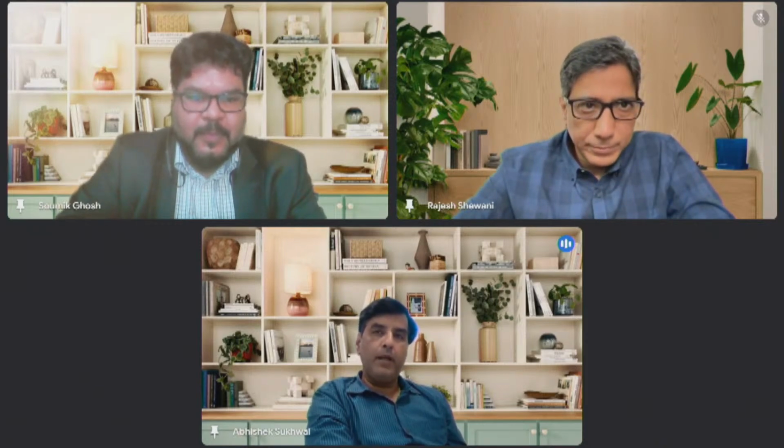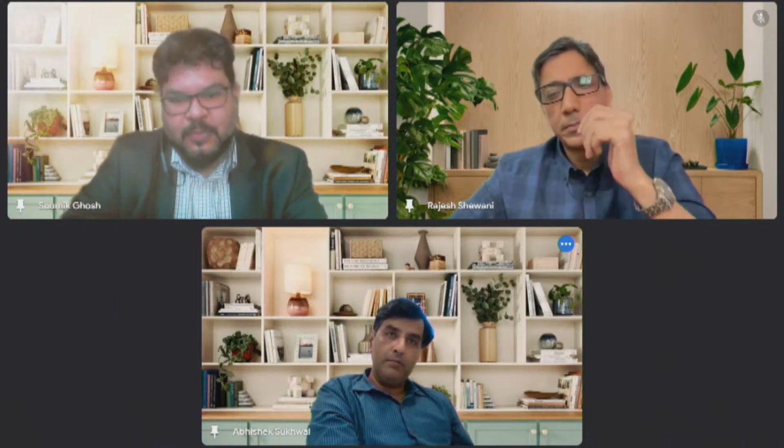So for any AI, forget about GenAI, data is the main engine to run any AI. Data is required to train your models, and data is required to use them for GenAI also. And as rightly said by Rajesh, whatever data systems we have should be scalable and secure.